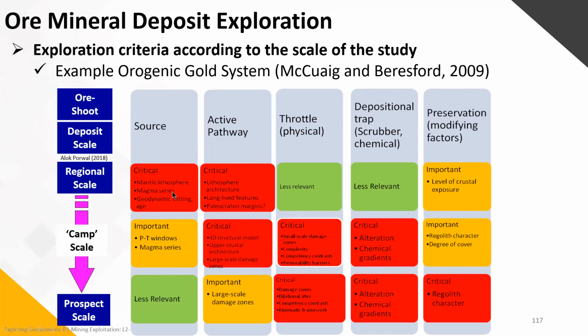As we've seen in other lessons, at which scale are we working? What are we looking for? Are we working to determine the ore shoot? Are we working at a deposit scale, regional scale, camp scale, or prospect scale? And this is an example for the orogenic gold system.